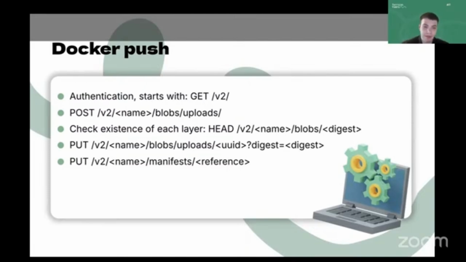So if a blob already exists, we will skip the upload of this exact blob and go to the next one. If there is no blob with such a digest, Docker can upload the blob by using the ID of the upload. And in the end, it will upload the image manifest. One important thing to mention here is that Docker performs multiple uploads simultaneously to speed up the upload process.